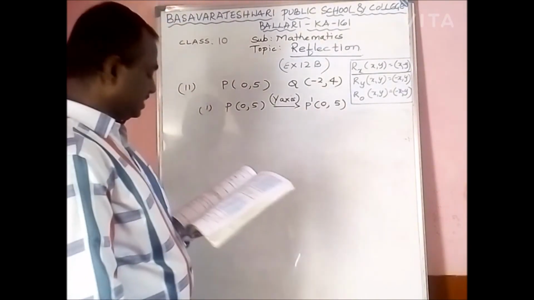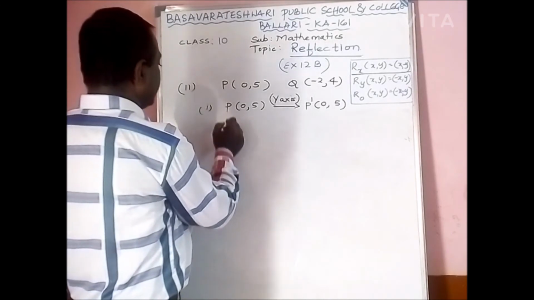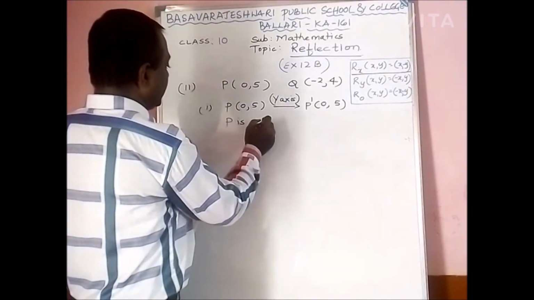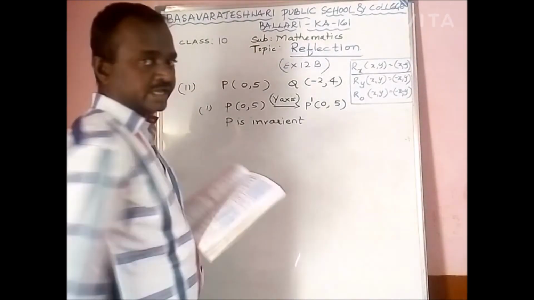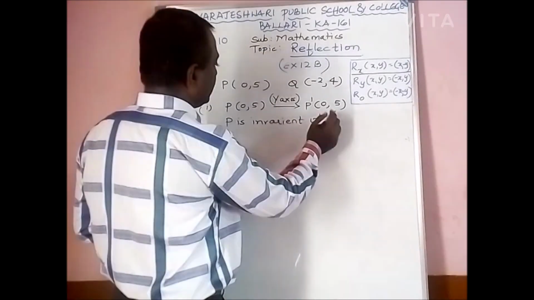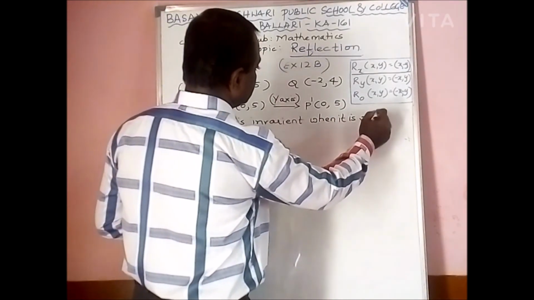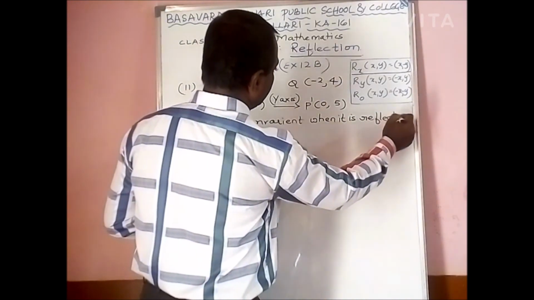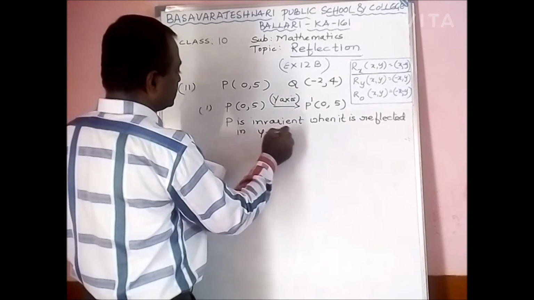Therefore you can write, P is invariant, no change. Invariant means no change, when it is reflected in the y axis.